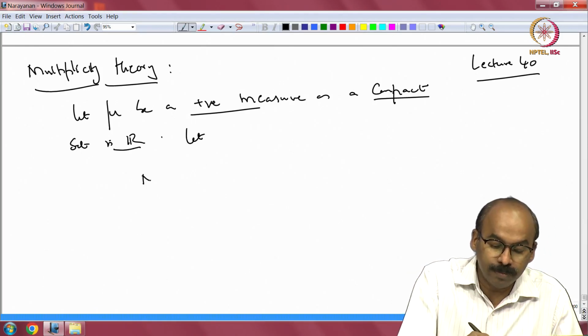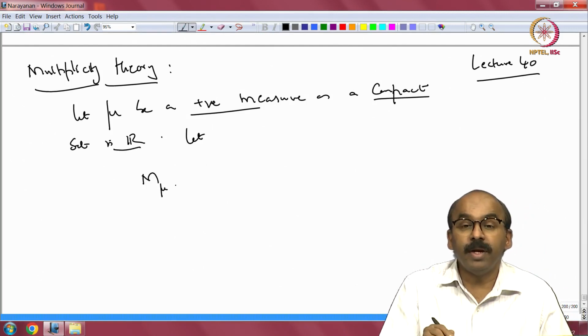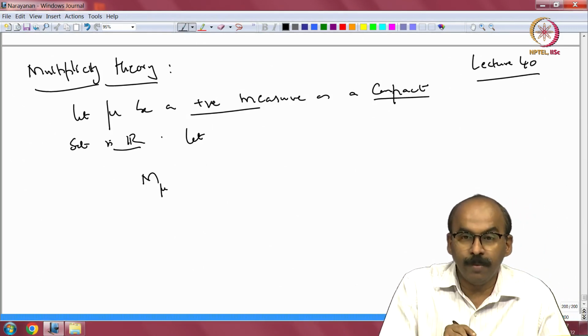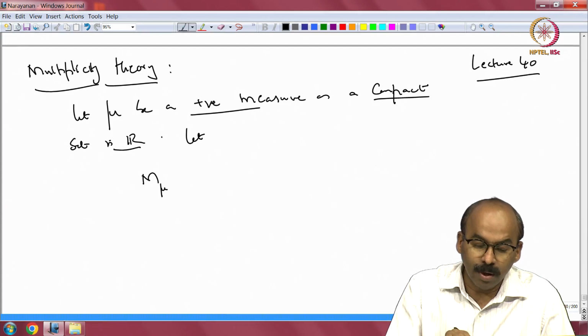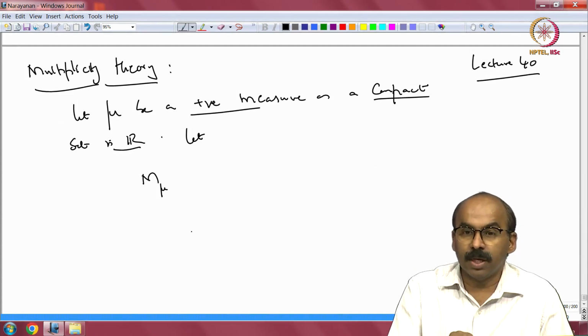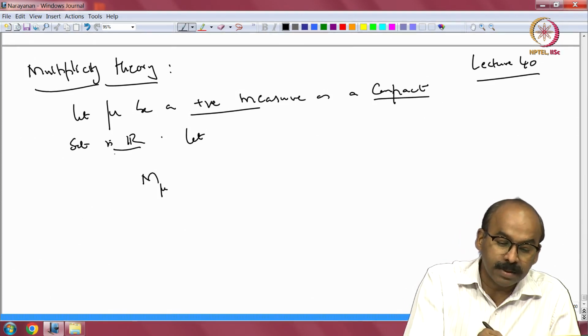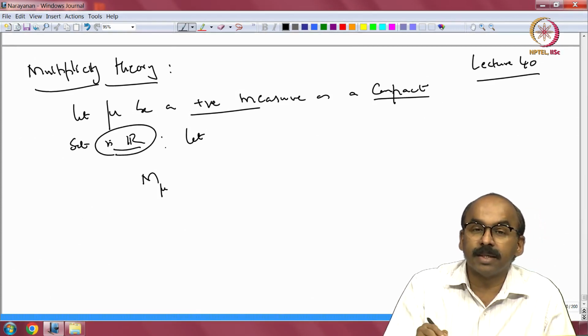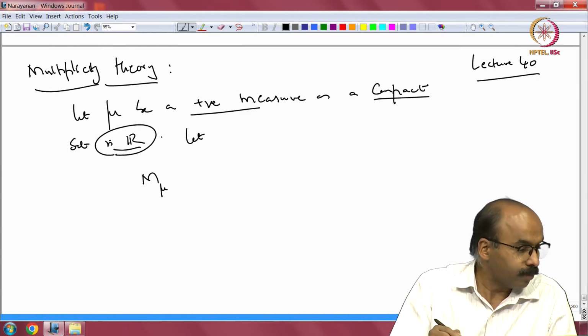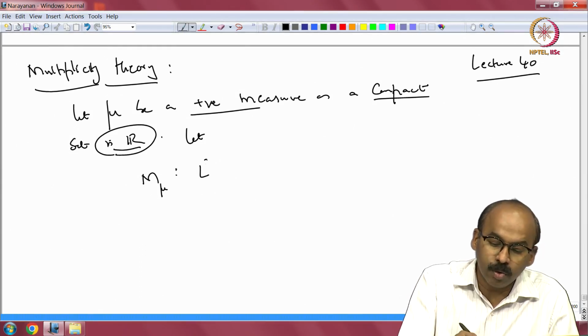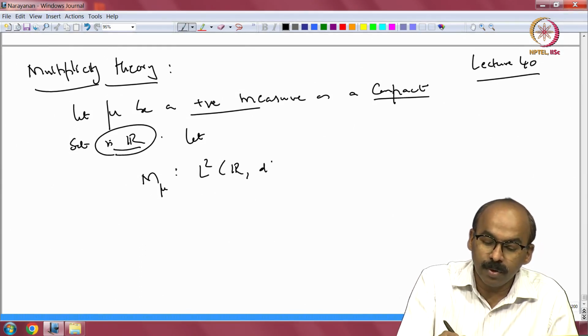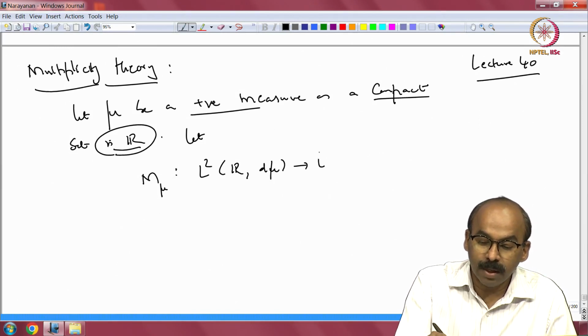Let me define an operator M sub mu. What is mu? Mu is the measure. M simply stands for multiplication by x, because now we are doing things on the real line. So, that means in the self adjoint case, the spectrum is contained in the real line. M sub mu from L2 of R d mu to itself.